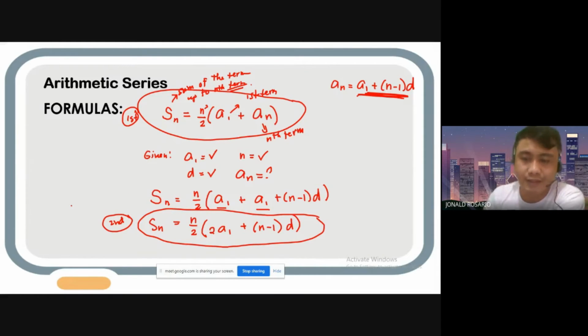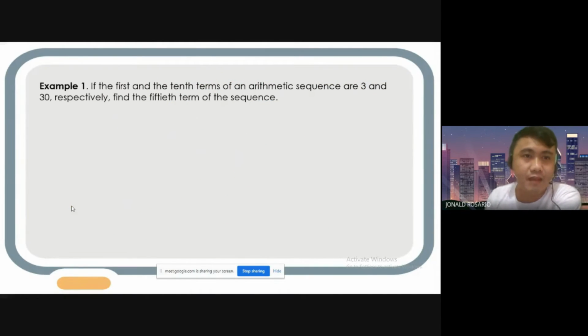Okay, an example. If the first and the 10th terms of an arithmetic sequence are 3 and 30 respectively, find the 50th term of the sequence. As usual, to make it easier, we first get the givens.